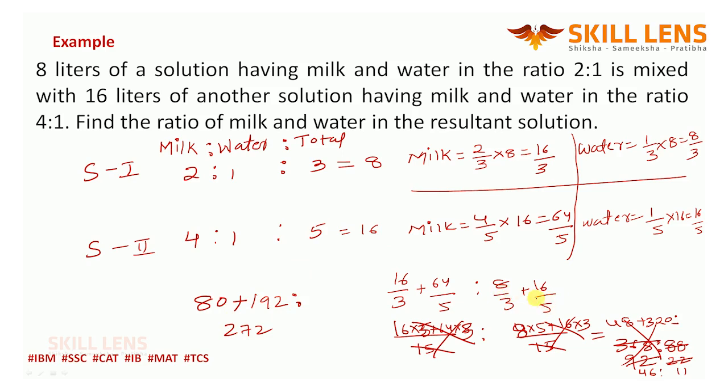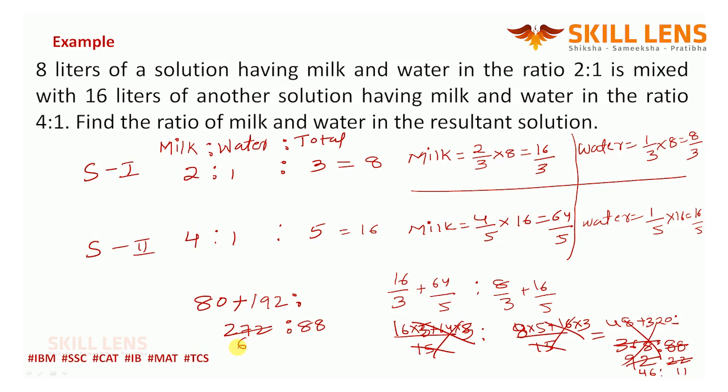So is this correct? 8 5s are 40 and 16 3s are how much? 48. So this is 88 as usual. Can we cancel with 11? 11 2s are 22, I'm left with 5. No, this is not going to be cancelled. Let's cancel with 4 again. 4 5s are 20, 4 6s are 24.